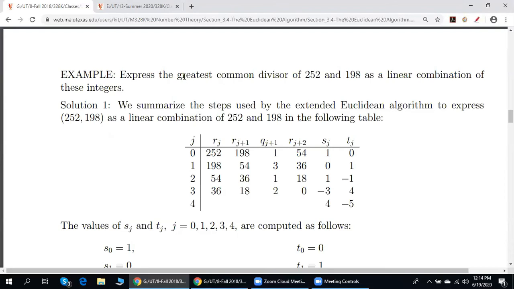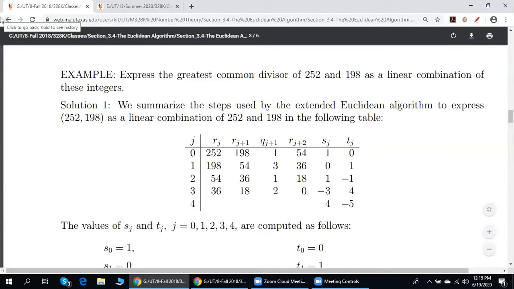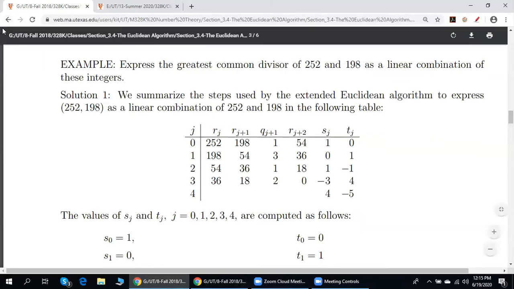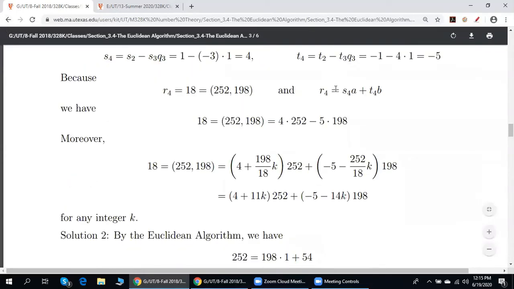However, if in addition we want to write the greatest common divisor as an integer linear combination of these two numbers, we need columns 6 and 7. So the linear combination is unique? No, it's not unique. That's the whole point.